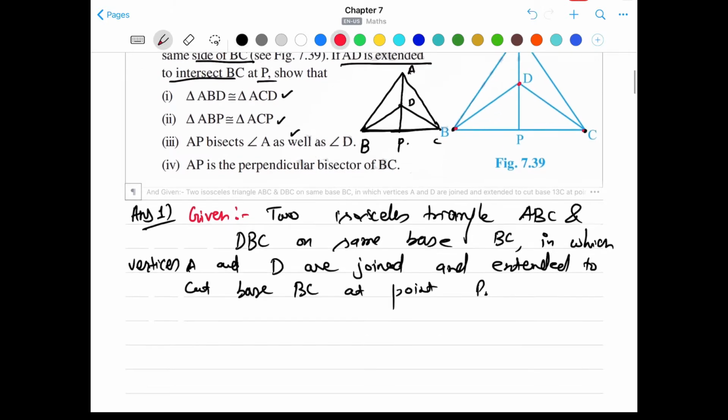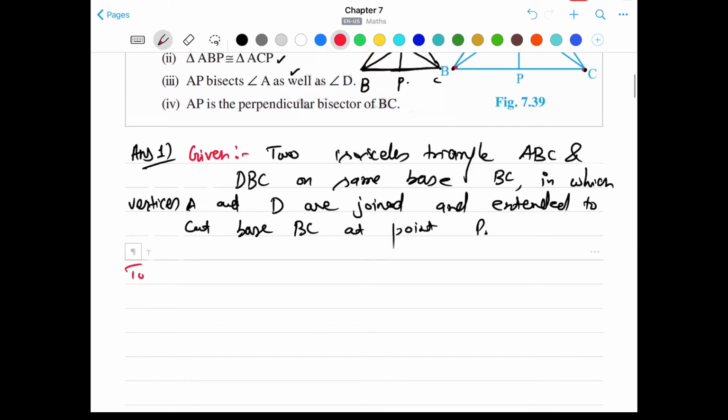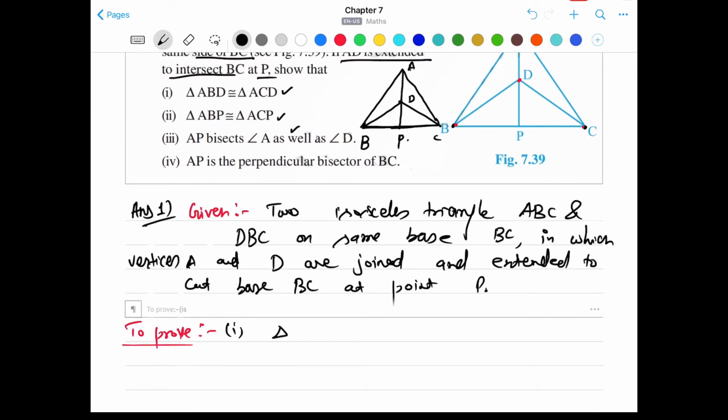Now we have to prove four things. To prove: first, triangle ABD is congruent to triangle ACD. Second, triangle ABP is congruent to triangle ACP.